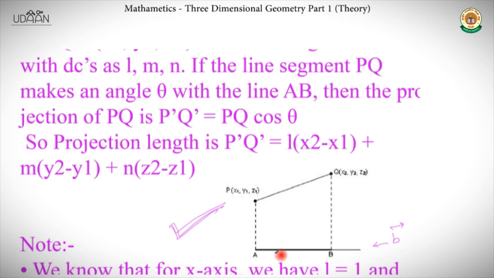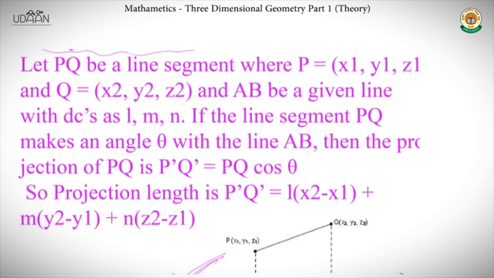The vector b has corresponding points A and B: from point P a normal is dropped to vector b, and from point Q a normal is dropped to vector b, to meet it at points A and B. The projection of line segment PQ on vector b is defined as the length of segment AB.